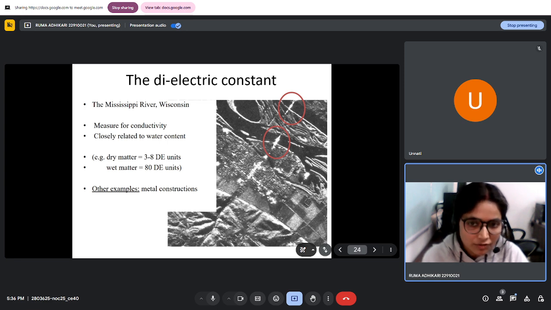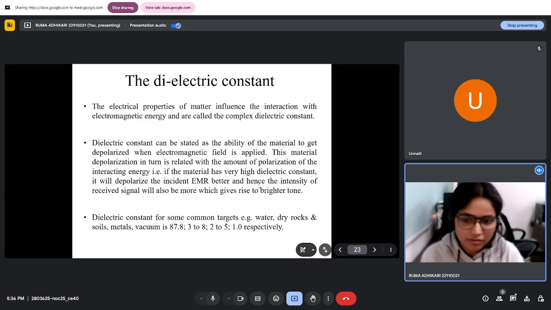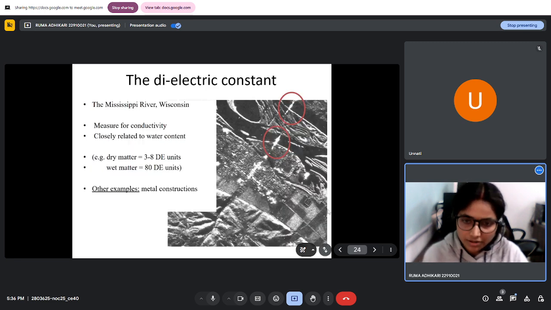And similarly for metallic structures, as per the rule, they appear bright, because dielectric constant is the measure of conductivity, closely related to water. Dry matter has this, wet matter has this, and metal, as we have seen before, is very high.